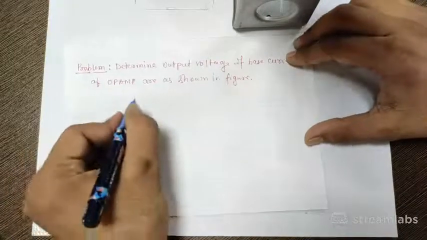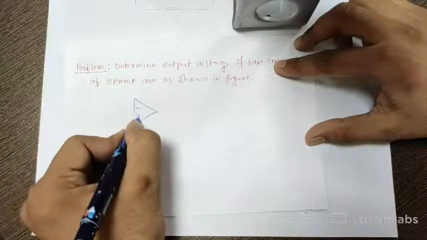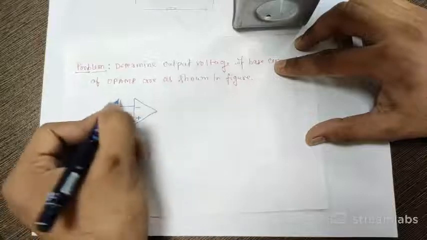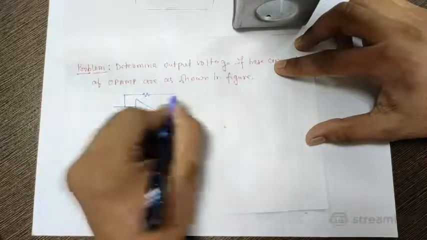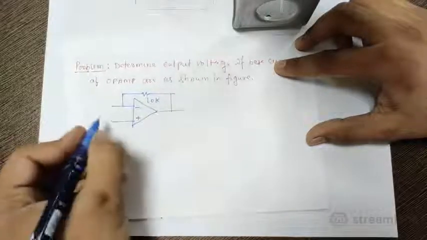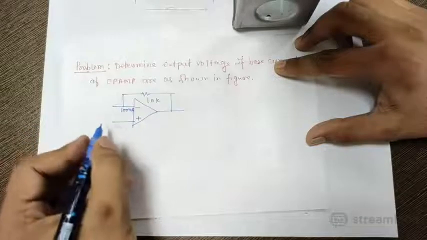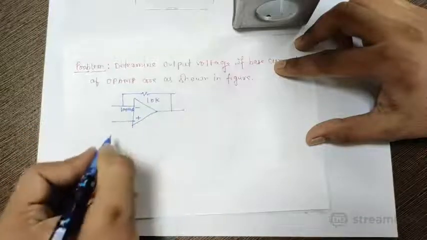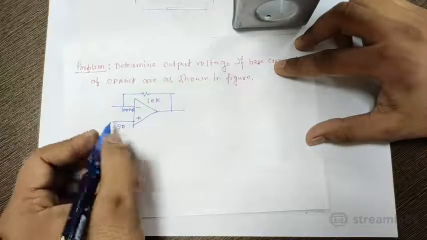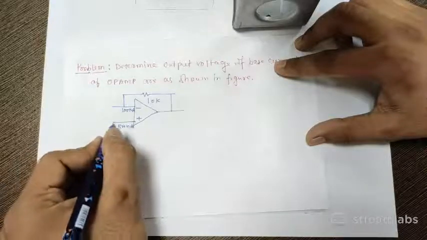So the question here is like this. Here is a 10k resistance in feedback, 100 nanoampere base current in the inverting terminal, and 50 nanoampere base current in the positive terminal.